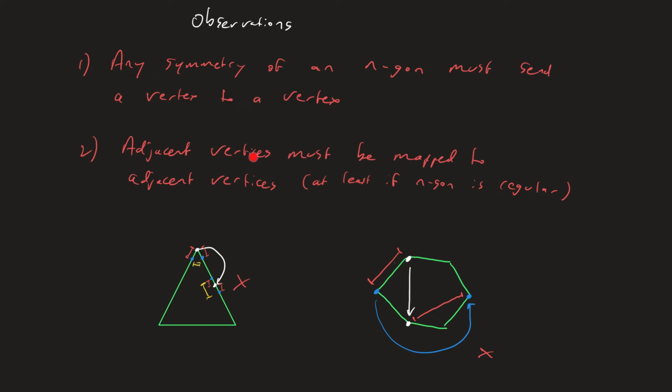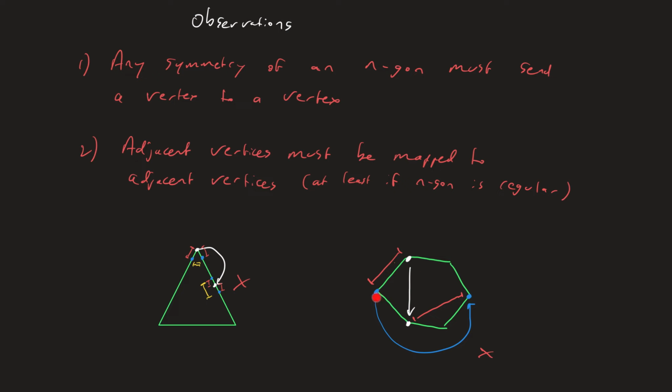By a similar argument, at least for regular n-gons, adjacent vertices must be mapped to adjacent vertices. So for this 6-sided figure, if this vertex is mapped to this vertex, then an adjacent vertex, which, at least if the n-gon is regular, will be the closest vertex to this one.